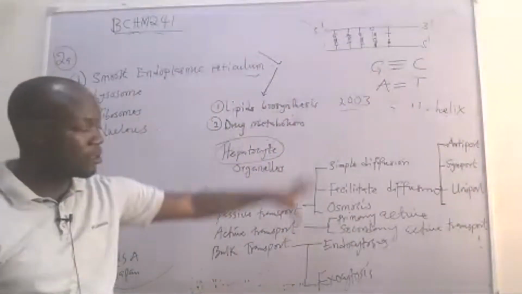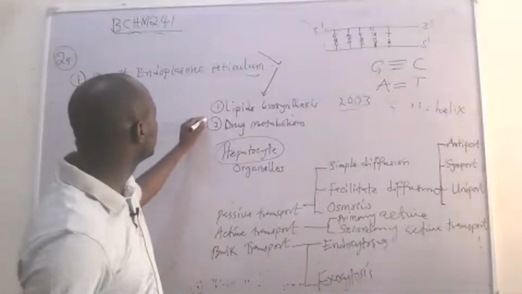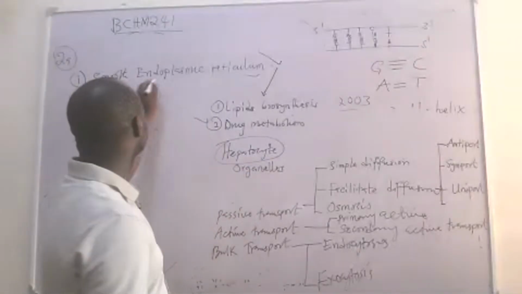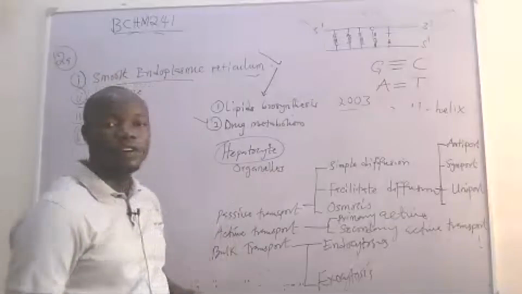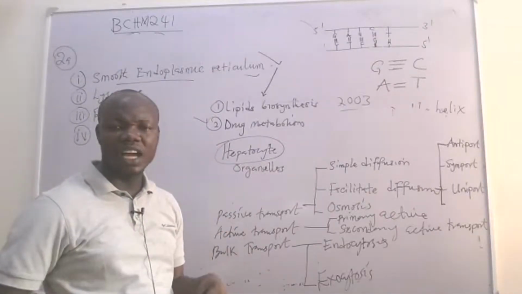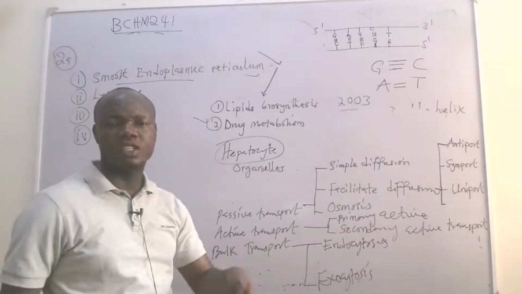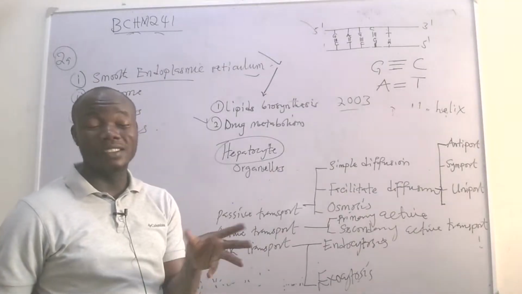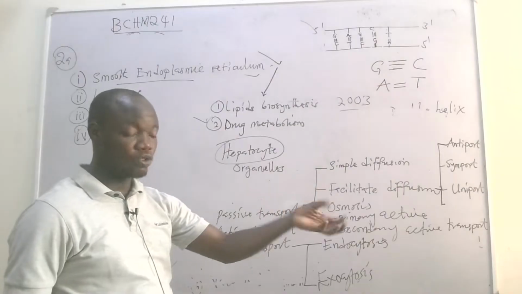So ladies and gentlemen, these are the different types of transportation. What we are saying is that drugs are metabolized in the hepatocyte, specifically in the endoplasmic reticulum. When you take drugs, they go into our systemic circulation, and then they need to be transported to our different organs, including the liver.